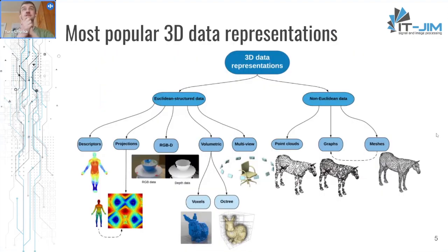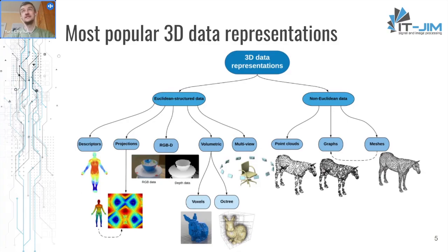So let's talk about popular three-dimensional data representations. In one paper, I found such a separation of popular representations. Basically, they are divided into Euclidean structured data and non-Euclidean data. Euclidean data are within some grid structure that allows us to parameterize the data within some Euclidean space.